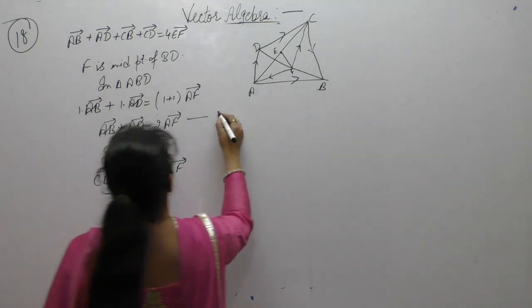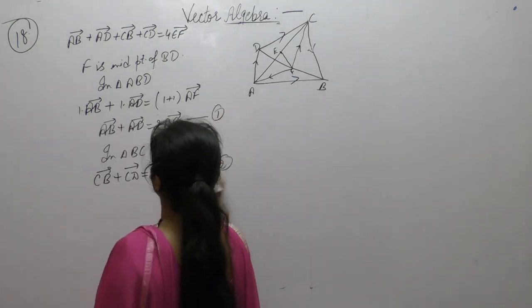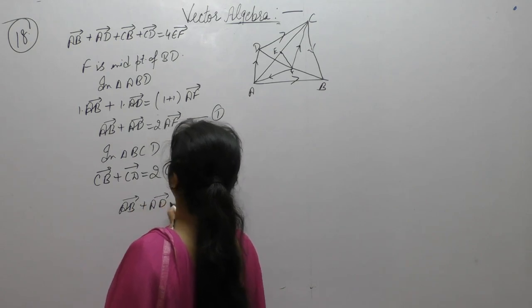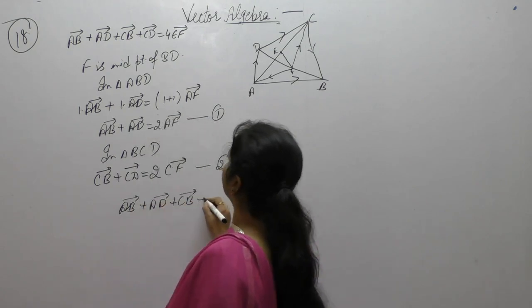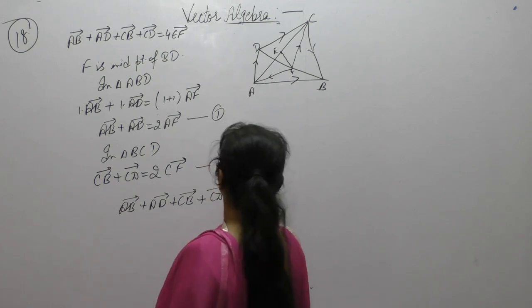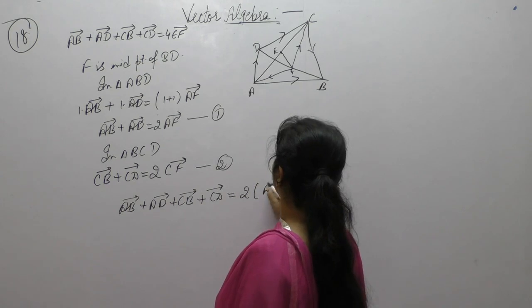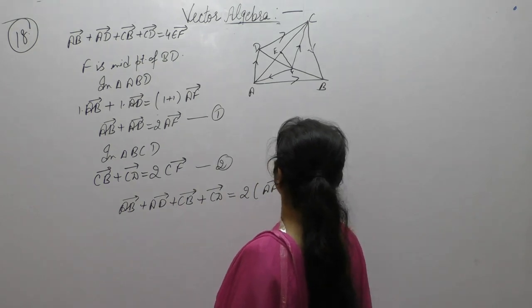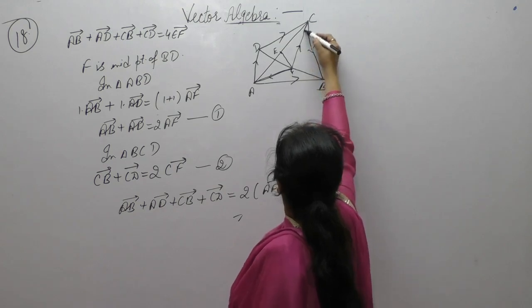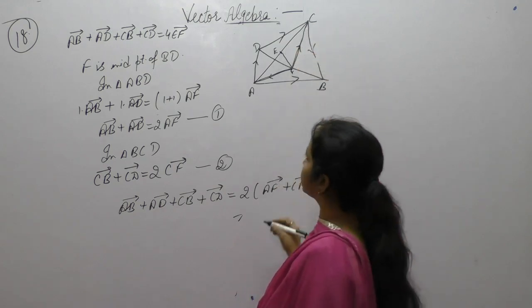Now add 1 and 2. AB vector plus AD vector plus CB plus CD is equals to 2 times AF plus CF.